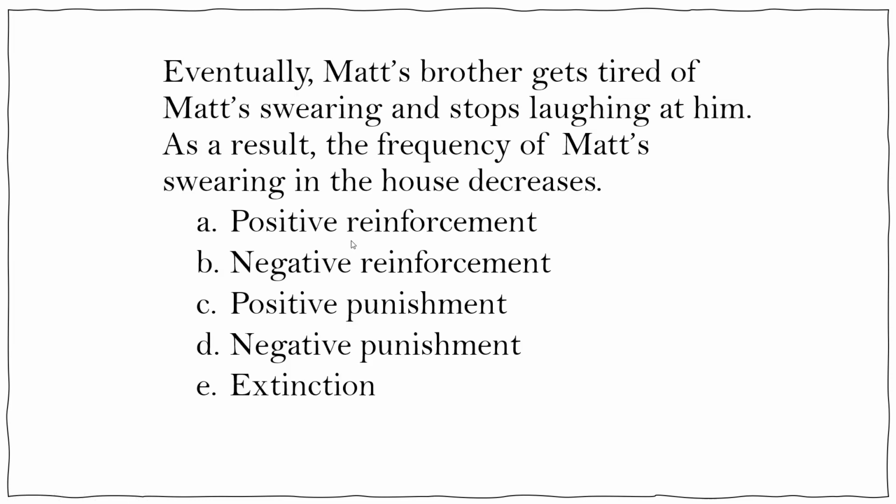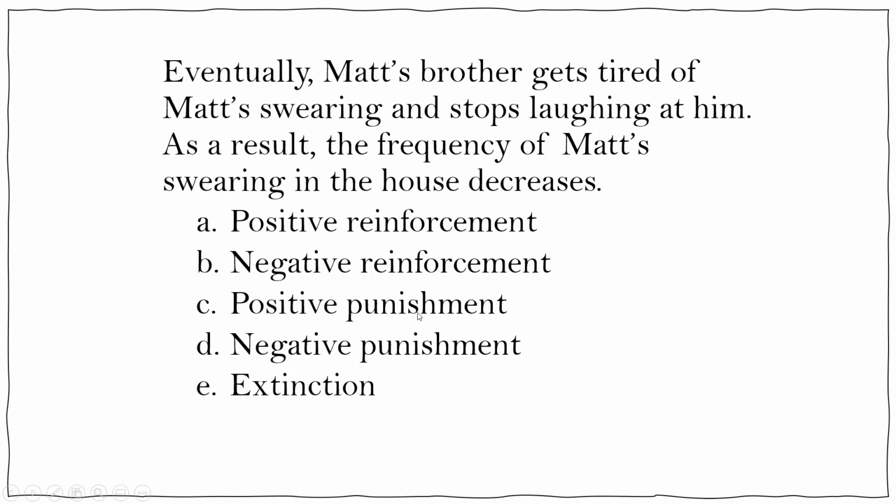Okay, eventually Matt's brother gets tired of Matt swearing and stops laughing at him. As a result, the frequency of Matt swearing in the house decreases. Remember, we had a positive reinforcement contingency: Matt swears and his brother laughs. But now his brother is not laughing at him anymore. So that reinforcing consequence has been removed, and therefore his behavior is decreasing. Since his behavior is decreasing, we know it's either punishment or extinction.